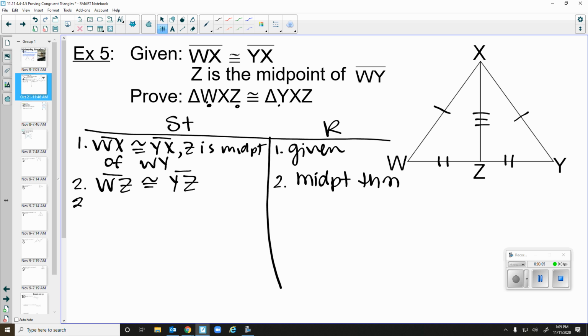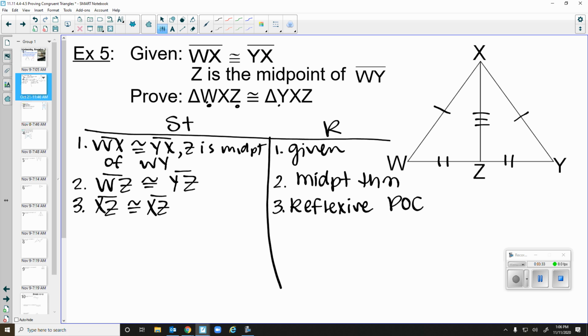So, yes, saying that XZ is congruent to XZ is from reflexive. Is there such a thing as the definition of reflexive? We have the reflexive property of congruence, and the reflexive property of equality, but that would be if it was an equal sign.